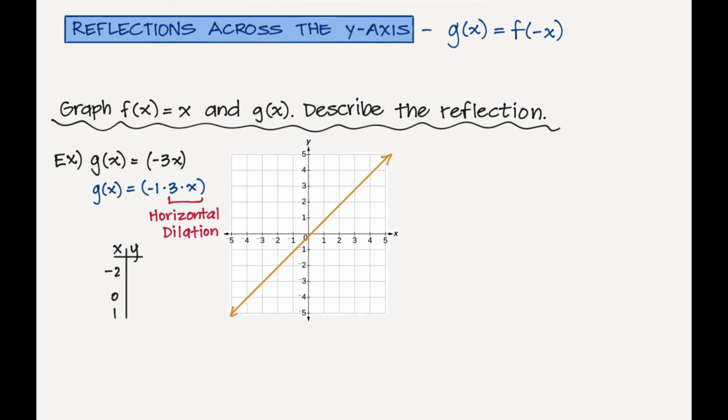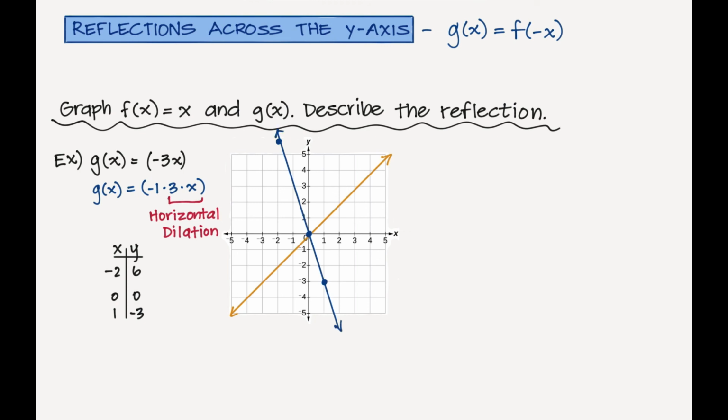Okay, so it's basically I'm going to perform a horizontal dilation and then I'm going to reflect it across the y-axis. Okay, so I'm going to use those same points, -2, 0, and 1. And when I plug them in, -3 times -2 is 6, -3 times 0 is 0, and -3 times 1 is -3. So let's go ahead and plot all 3 of those points now and connect them with my ruler. There we go.